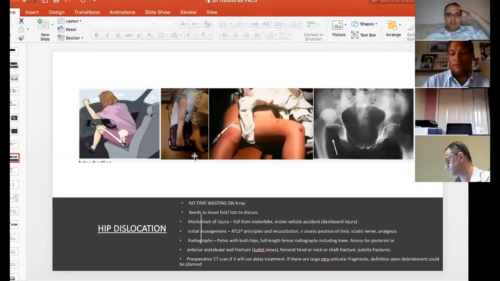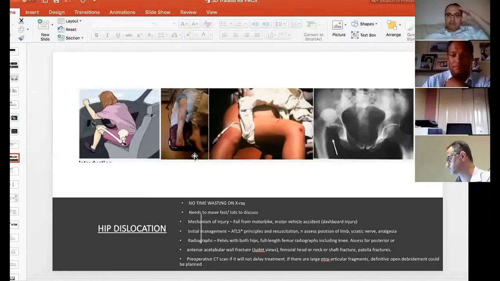It's generally a fall from a motorbike or a motor vehicle accident, which is a dashboard injury. When you have gone through the ATLS, principles of resuscitation, position of the limb, documented the sciatic nerve, and provided the patient analgesia, you then start talking about the initial radiographs.